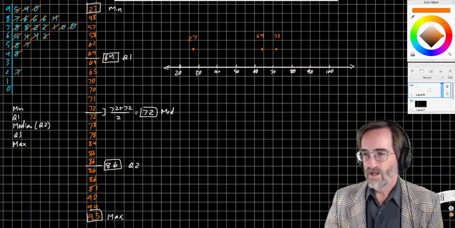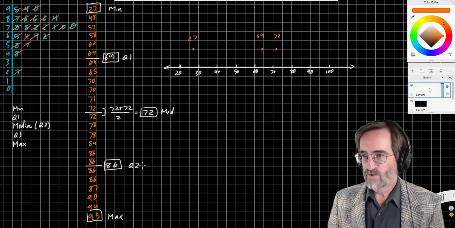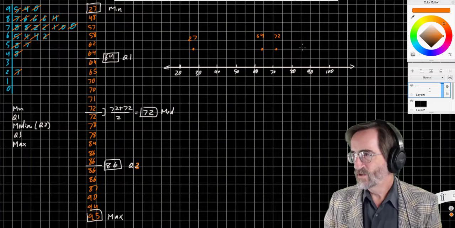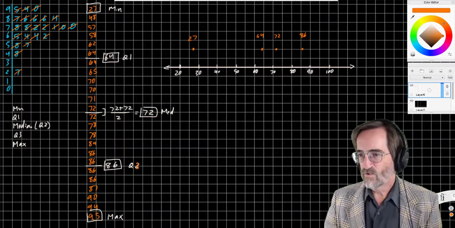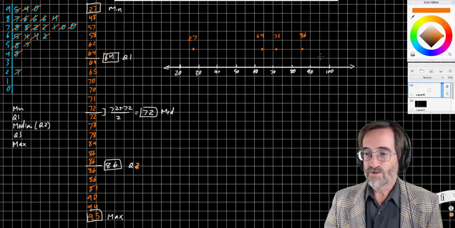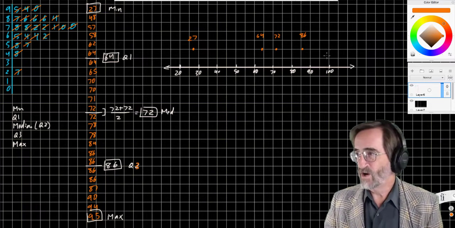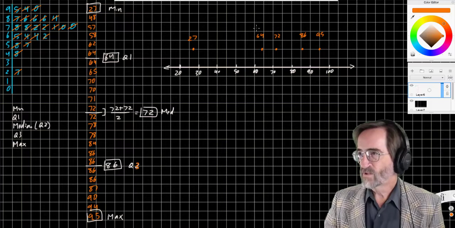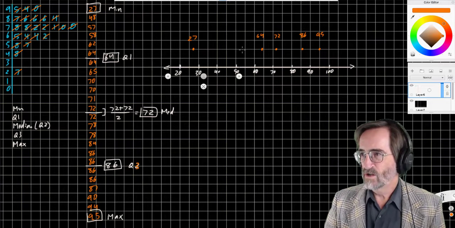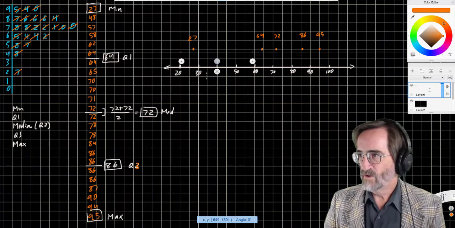And third quartile, 86. The fourth quartile is 90, or in the fourth quartile, but 95 is the max. So 95.